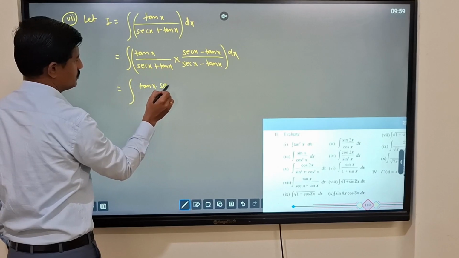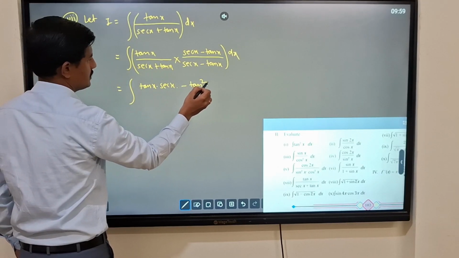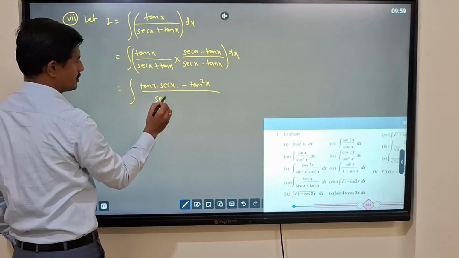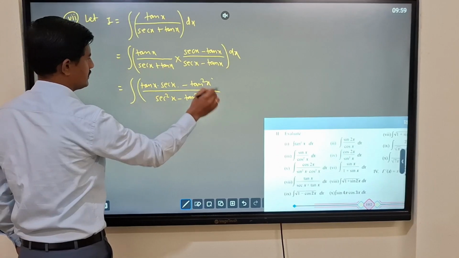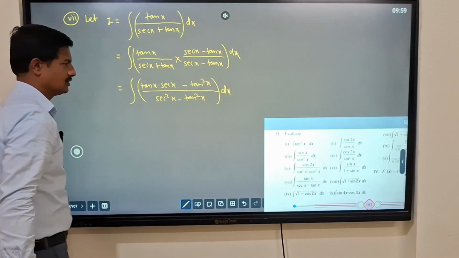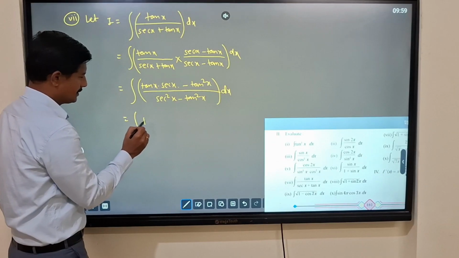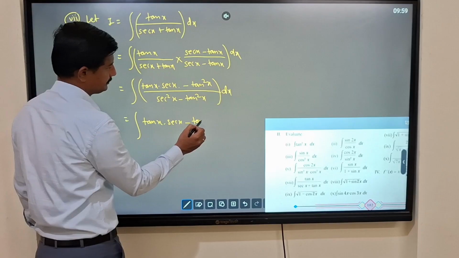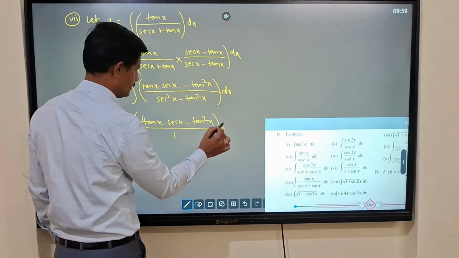tan x into sec x minus tan square x upon (a plus b)(a minus b), which becomes sec square x minus tan square x dx. So this becomes tan x into sec x minus tan square x upon 1.